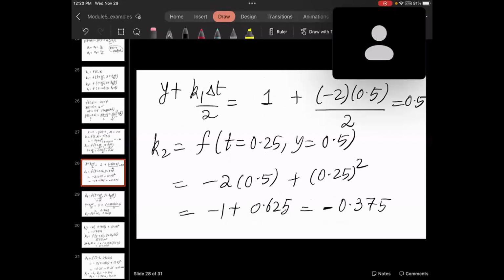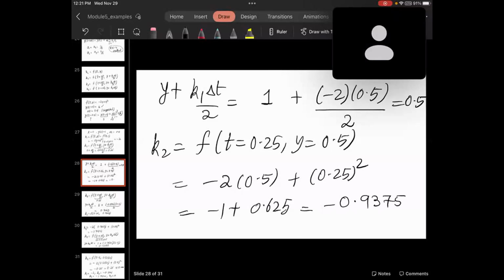So I need to put minus 2 times 0.5 plus 0.25 squared. Let me just make sure I didn't mess it up. Minus 1 plus 0.25 squared. Oh, okay. I goofed up here. Can you tell me what you have? I have a minus 0.9375.